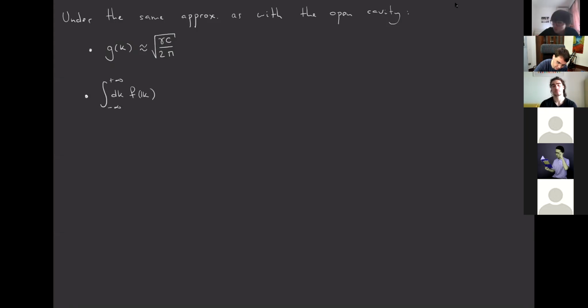Let me take functions that depend only on the absolute value of the wave vector; this is what happens naturally in our system, as you will see. Then I can do a couple of manipulations. First of all, because the function is symmetric in k, I can just do 2 times the integration from 0 to infinity. So you see the factor 2 appearing again.